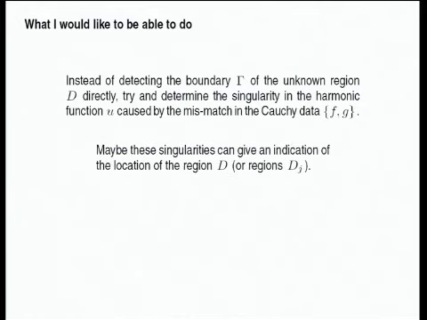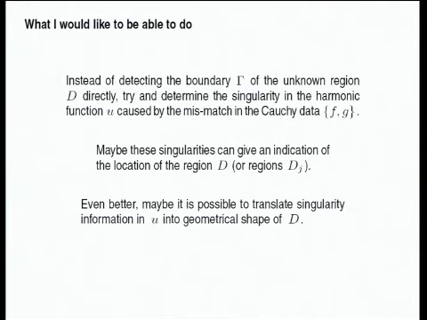And then maybe these singularities can give an indication of the location of region D. I know the singularities have to be inside the thing. And that's useful. And of course, if I've got 3 or 4 objects, that could be quite useful. And then, maybe better, maybe I can translate the singularity information coming from the Cauchy data into the geometrical shape.